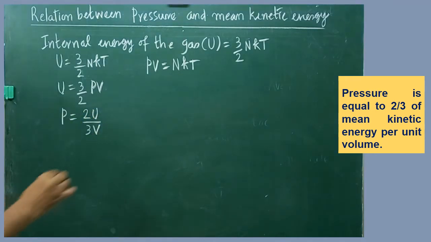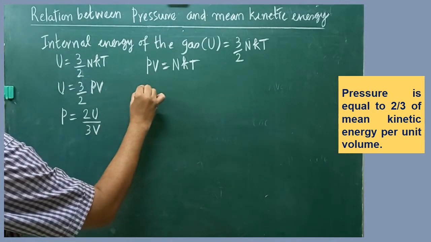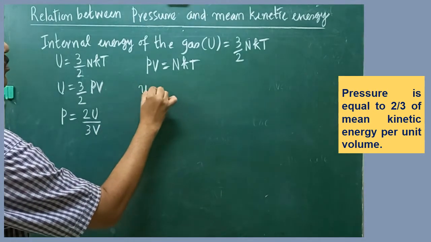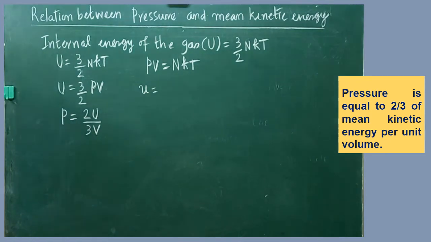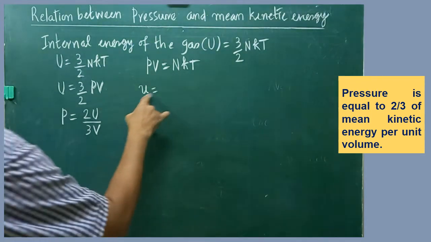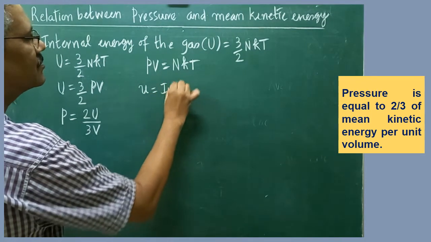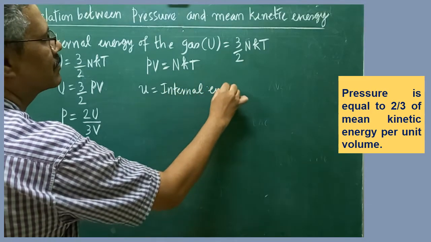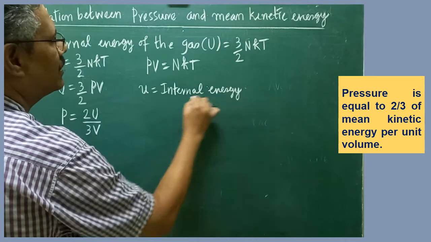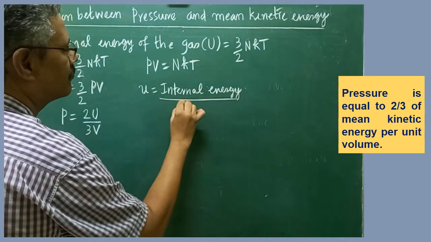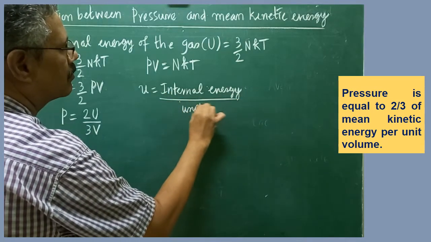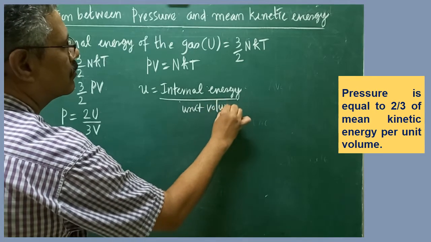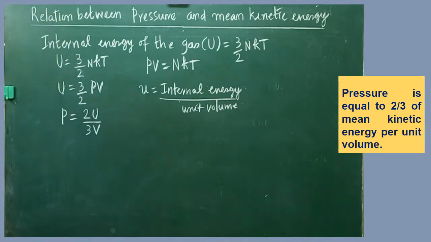Now I am going to introduce another factor called small u. What is small u? Internal energy per unit volume. U is called internal energy. If it is calculated per unit volume, that factor is called small u.